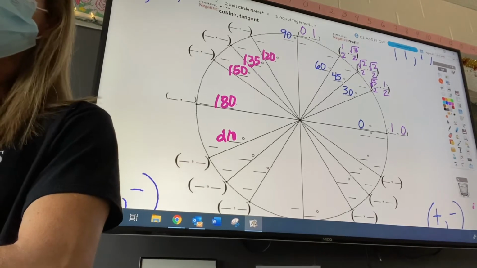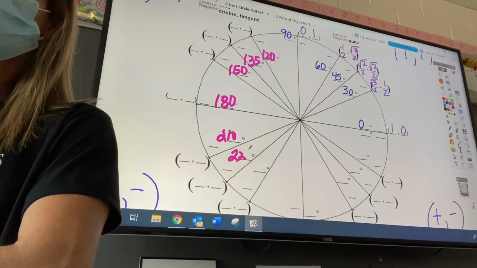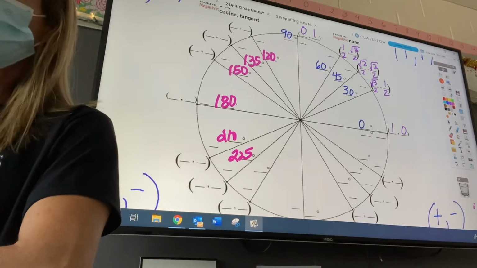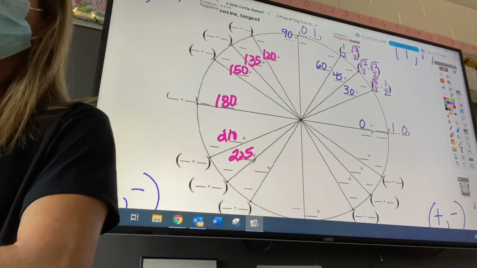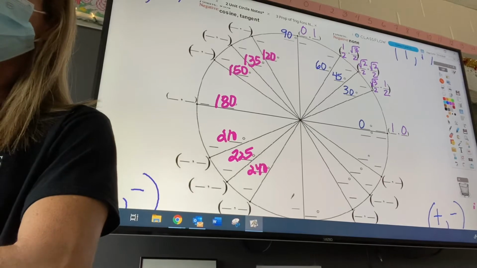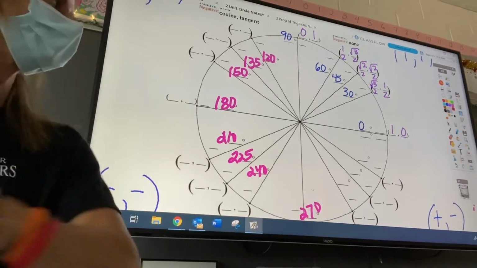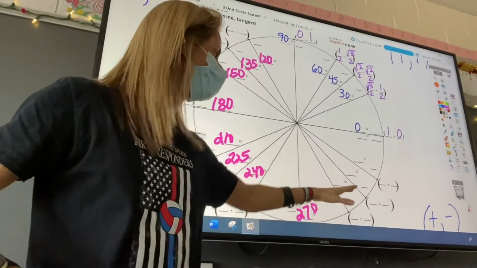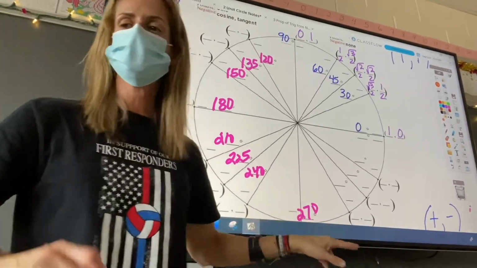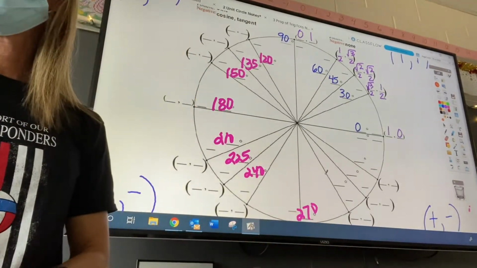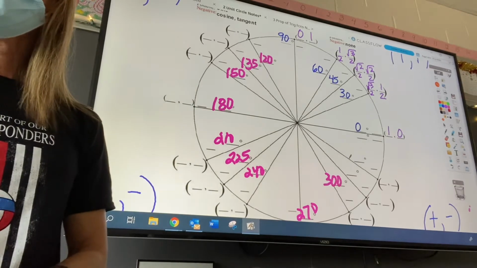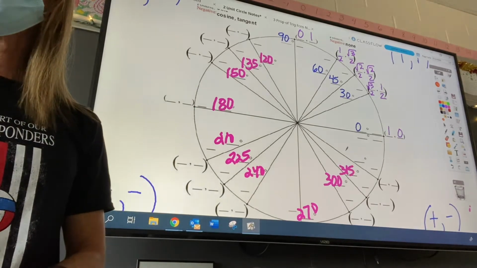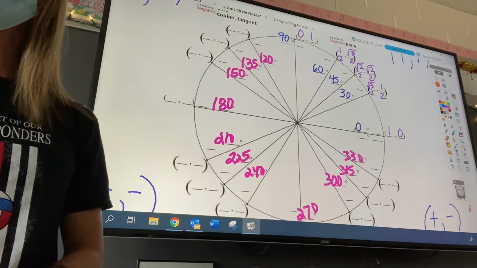Another 15 degrees, 225. Another 15 degrees, 240, and then another 30, 270. We already know the 270. I love this last quadrant because it's pretty easy to add 30 to 270. That's just 300, and then 315, and then 330, and then this is 0 or 360.